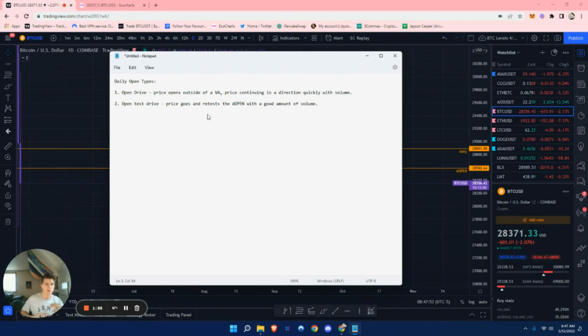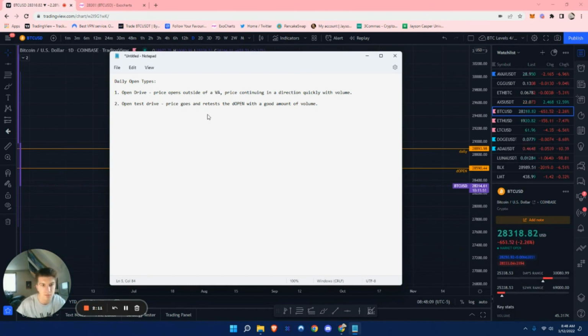The daily open acts as a support or resistance, and then it pumps or dumps based off of the volume. Make sure you have a good amount of volume backing up this move, so pay attention to the volume.